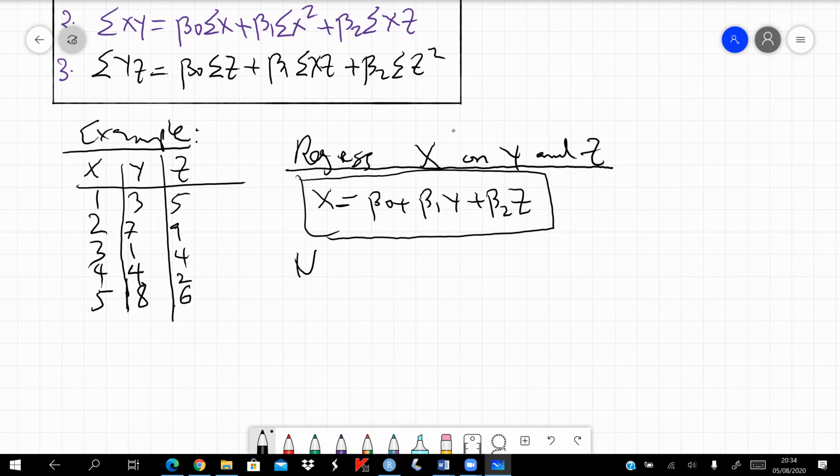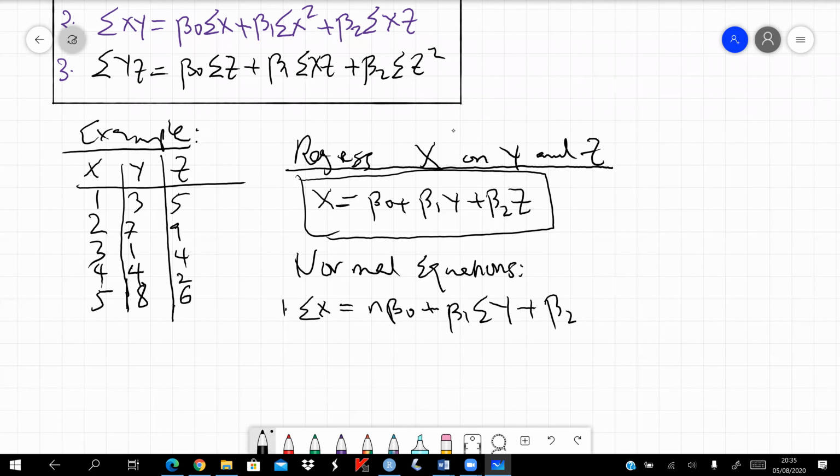The normal equations from there: we have, first, summation of X is equal to N beta naught plus beta 1 summation of Y plus beta 2 summation of Z. Second normal equation, I take my first independent variable, I multiply throughout, then I sum.